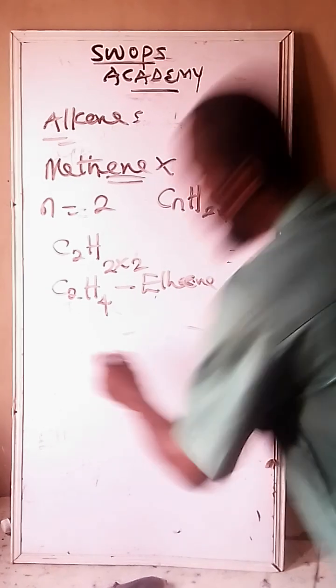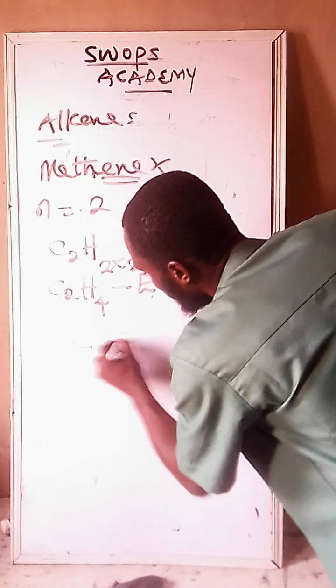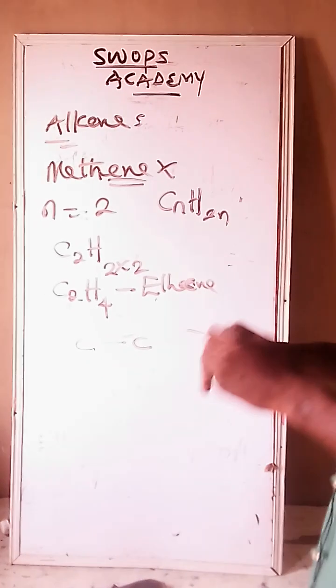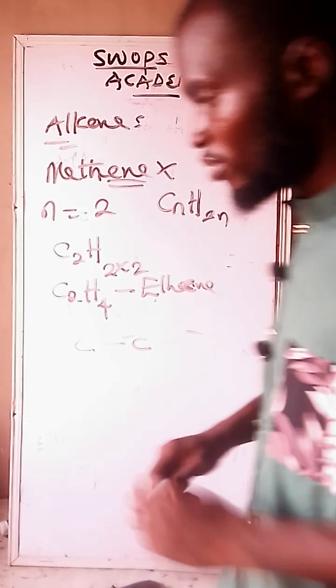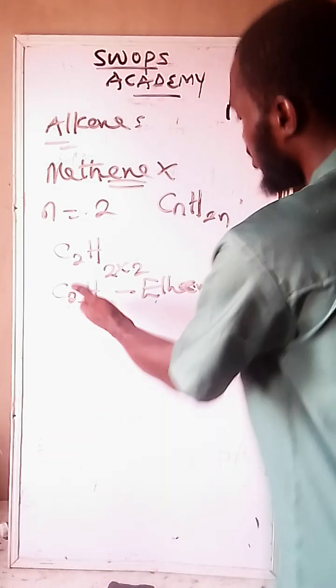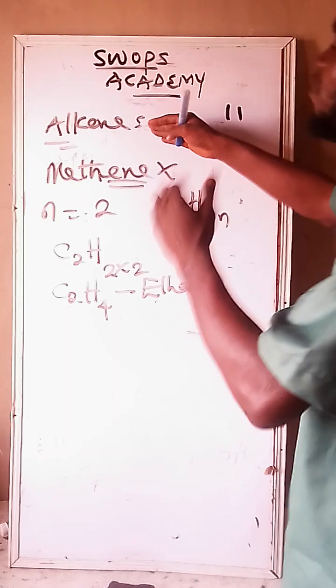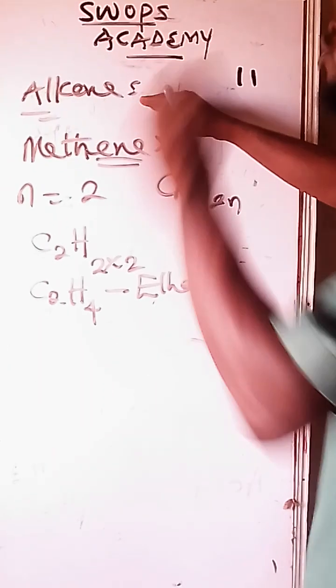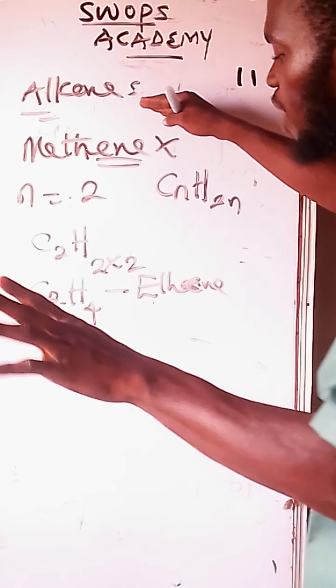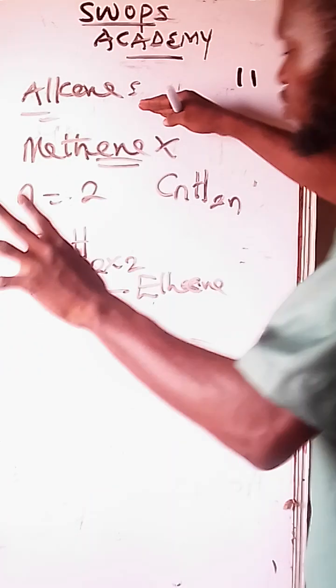The structural formula will be how many carbon? 1, 2. Let me change the marker. Now, this is the molecular formula for ethene. We are defining alkenes, that it belongs to the group of unsaturated hydrocarbon. How do we call it unsaturated hydrocarbon?